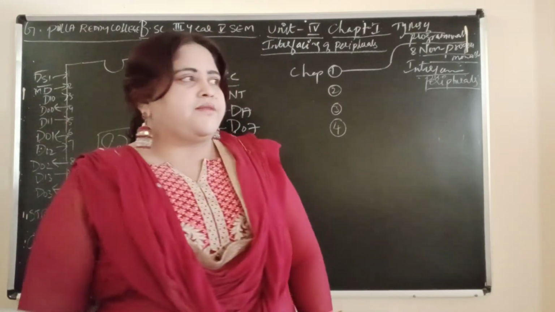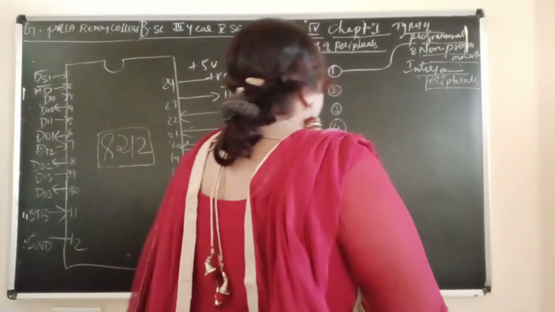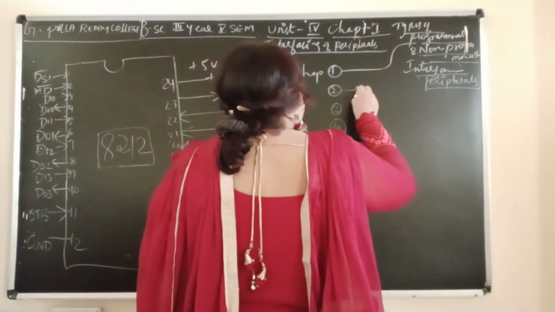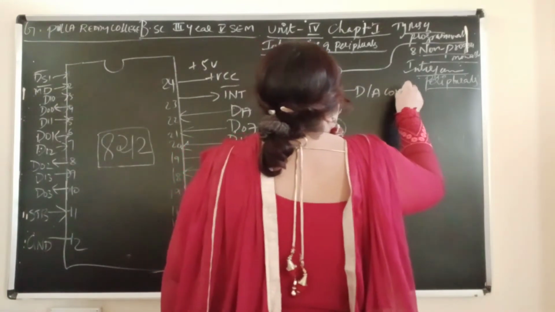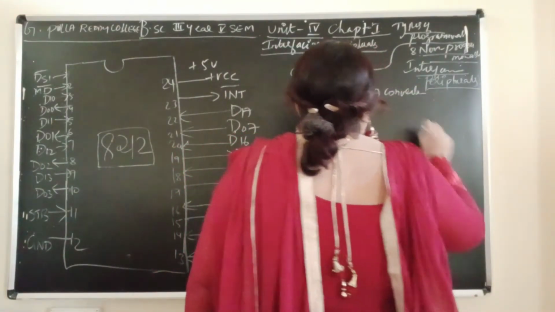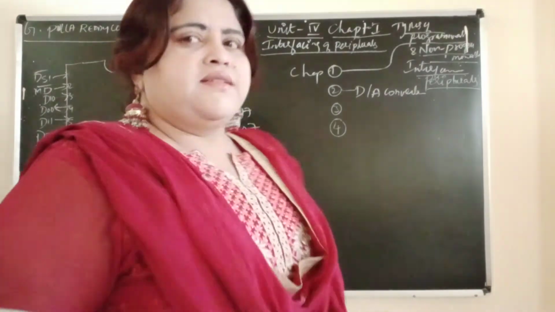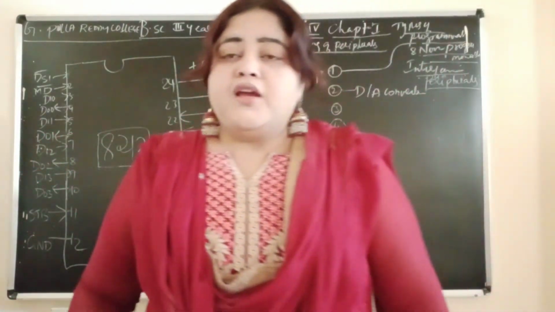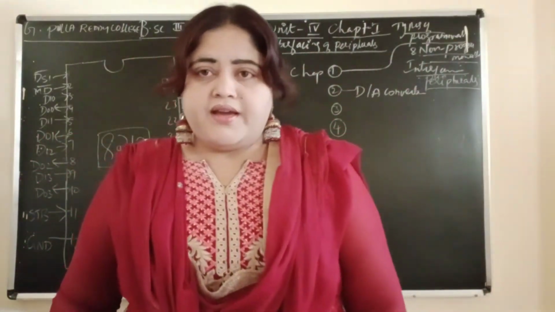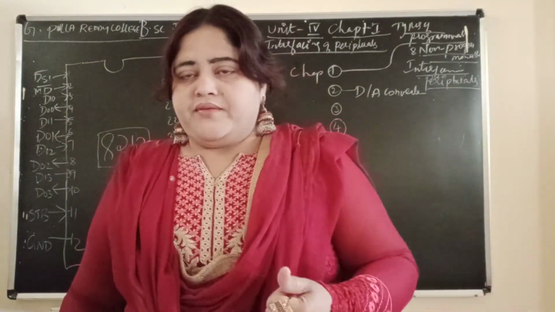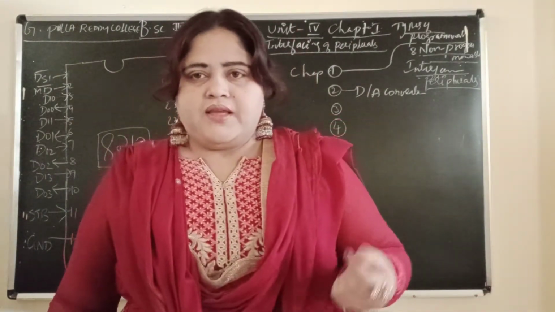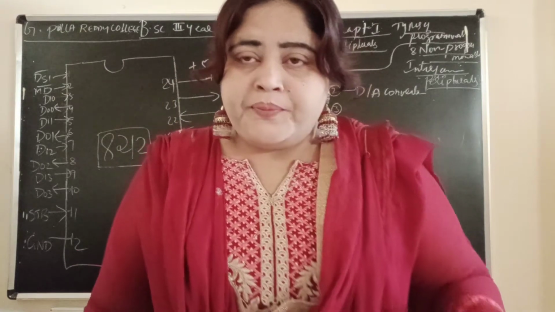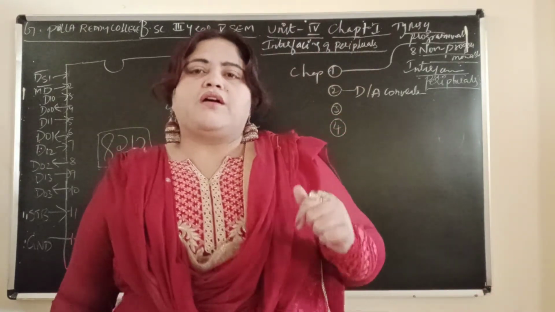Next, the second chapter name is D to A converters. In the second chapter you will have the topic of converting D to A. D means digital, A means analog, so digital to analog converters.